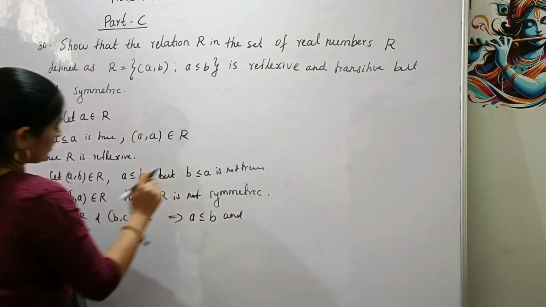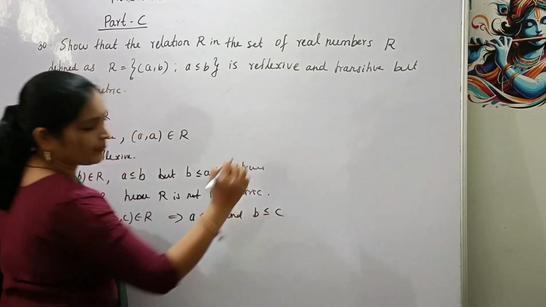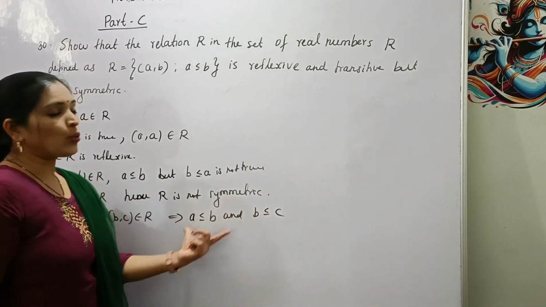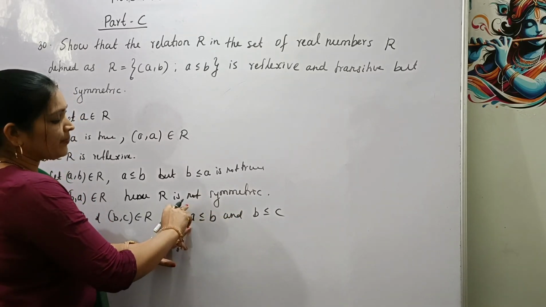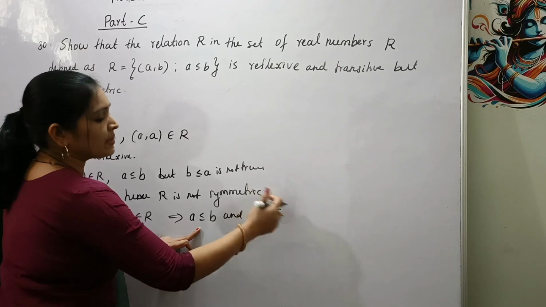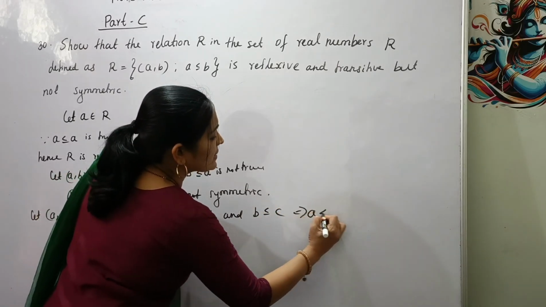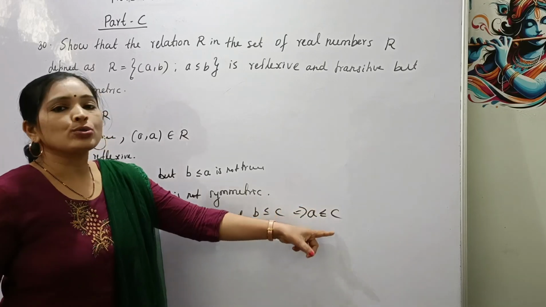And since (b, c) belongs to R, b is less than or equal to c. From these two inequalities, we can combine them. We get a less than or equal to b, b less than or equal to c, that implies a less than or equal to c.